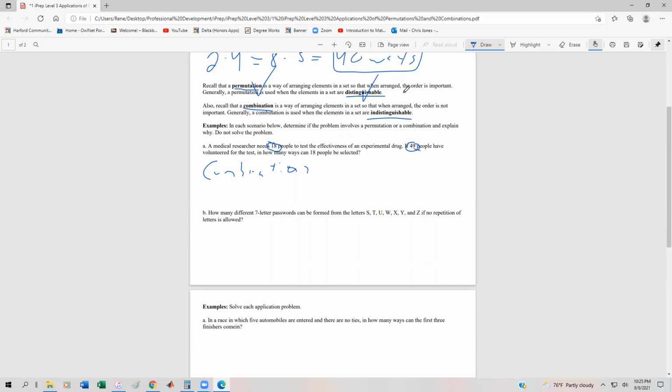We just have 49 total people, and we're picking 18 of those people. It doesn't matter if a person gets picked first or second or third or even 18th. It just matters that that person gets selected. So the reason it's a combination is because the people cannot be distinguished.